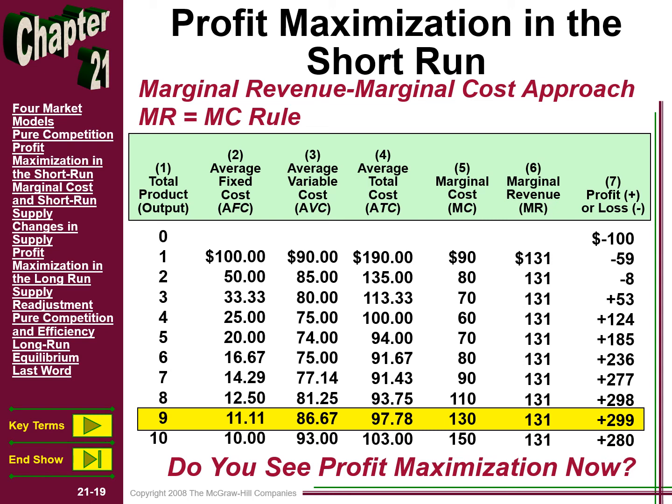Q star is the level of output which maximizes our profit or minimizes our loss, right? So average total cost at 9 units of output per unit is $97.78. So 131 minus $97.78 per unit profit, $33.22.